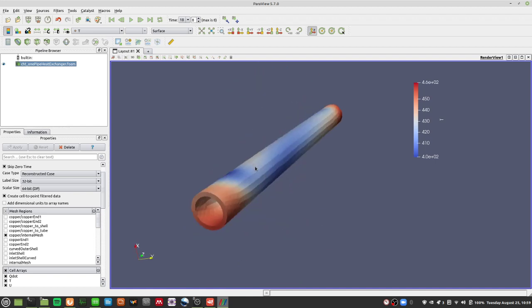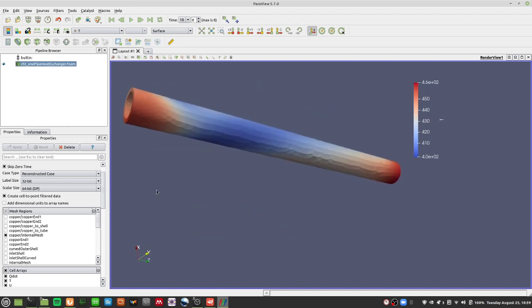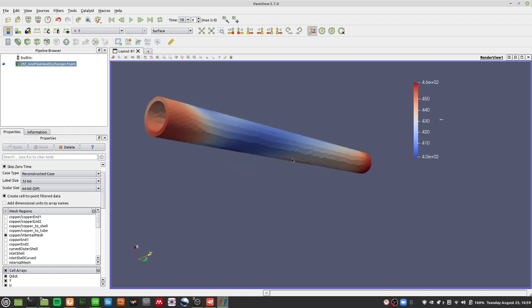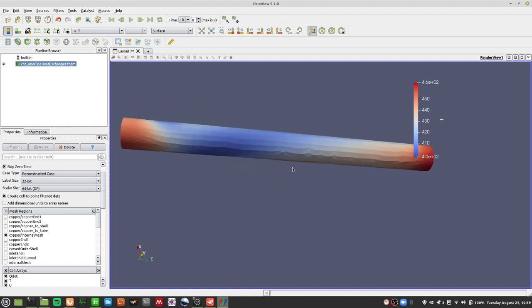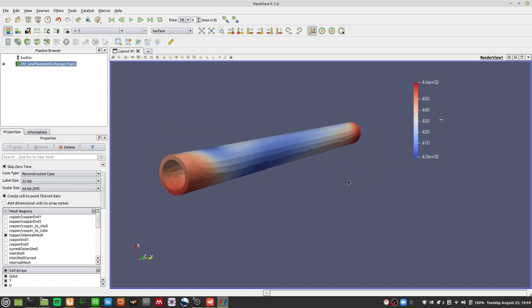In fact, there will be regions of the copper tube which are hotter than other regions, because the thermal diffusivity of copper is not fast enough to make this whole part uniform in temperature.